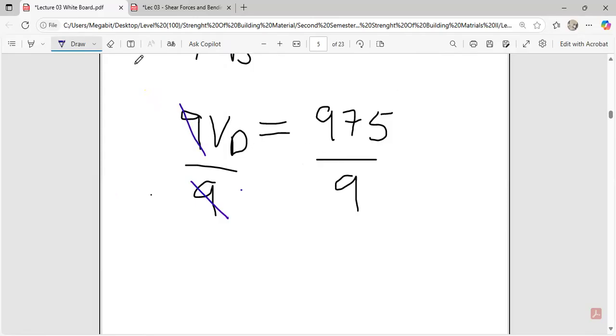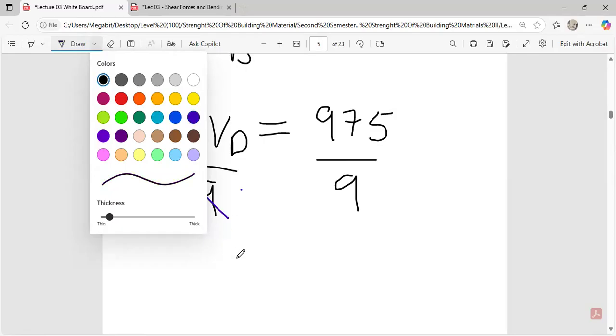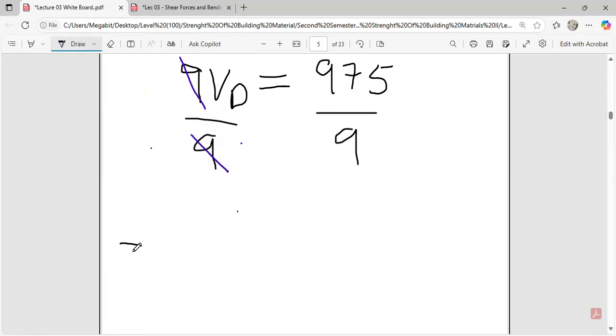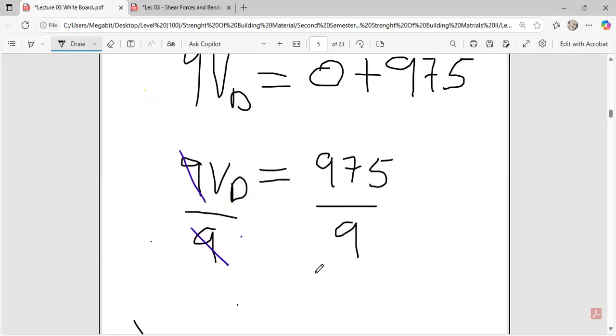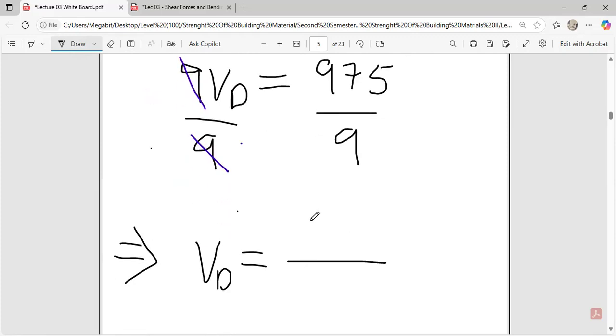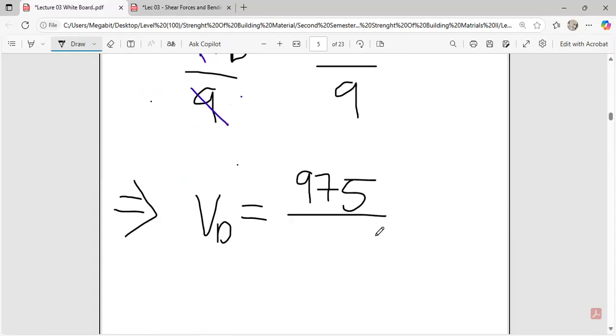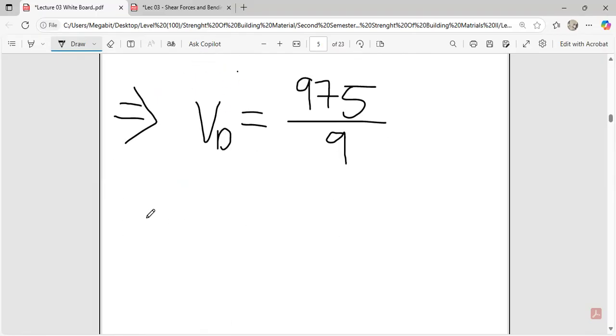Then from there, you're going to be left with VD is equal to 975 all over 9.